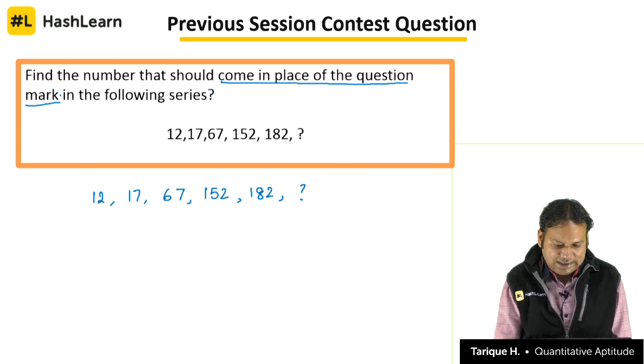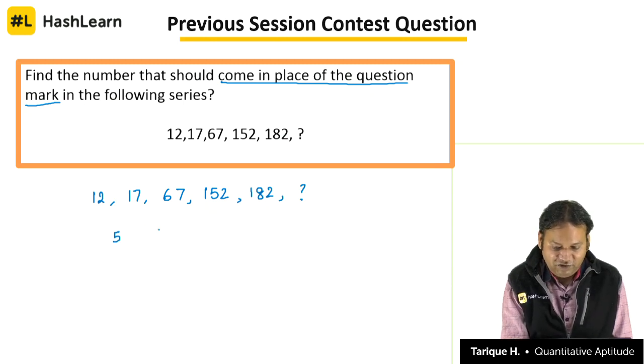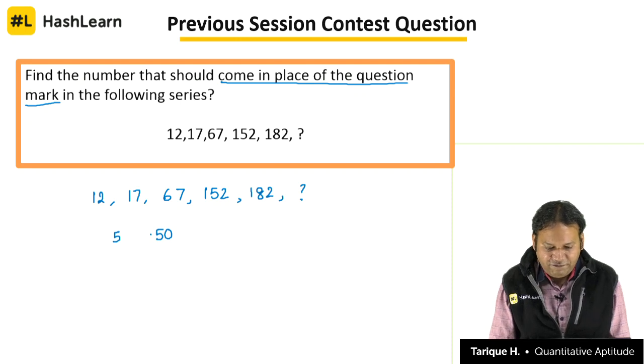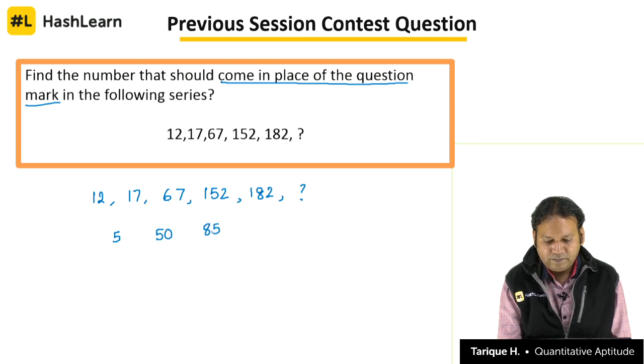So 12 and 17 difference is 5, and 17 and 67 difference is 50. 67 and 152, that's a difference of 33 plus 52, that is 85, correct, and 152 and 182, the difference is 30.